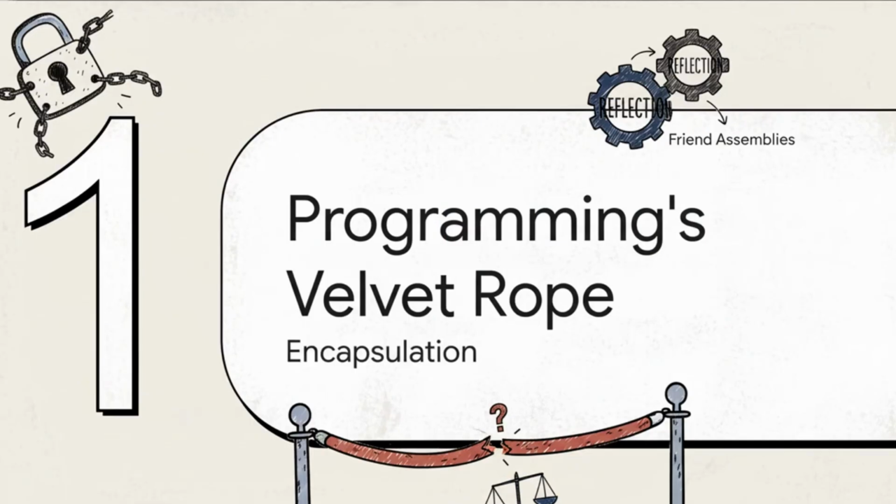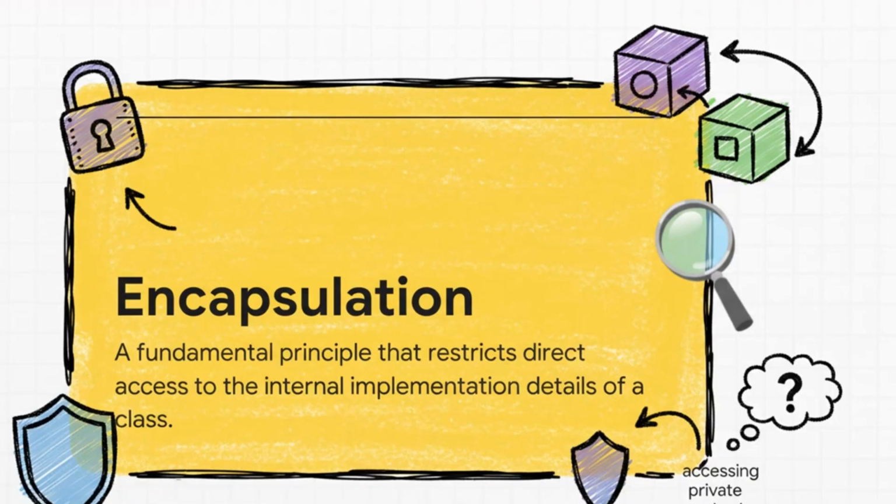Before we start trying to pick the lock, we really need to understand why that lock is there in the first place. You should think of it less like a brick wall and more like a velvet rope at some exclusive club. It's there to protect what's going on inside. That velvet rope has a name: encapsulation. It's one of the absolute cornerstones of object-oriented programming.